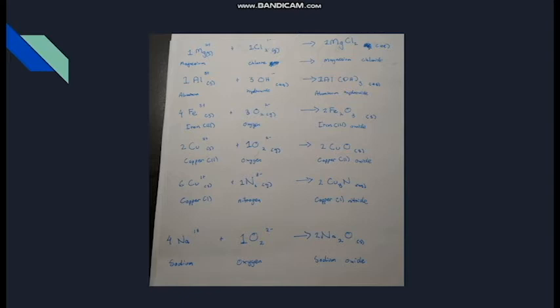So I decided to make this a bit easier and just use whole numbers for this entire equation. There's 2 atoms of iron here, 1 atom of iron here. But if we do 2 atoms here, this would have to be a fraction.